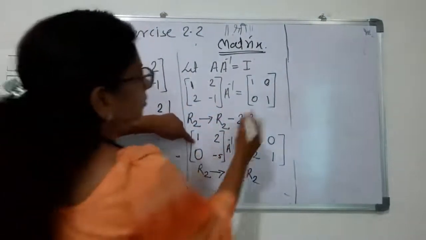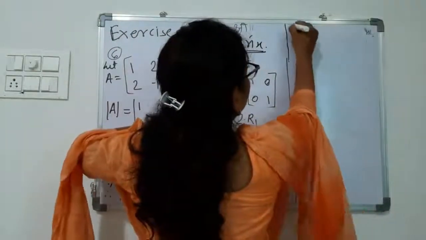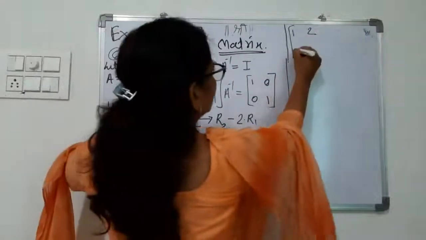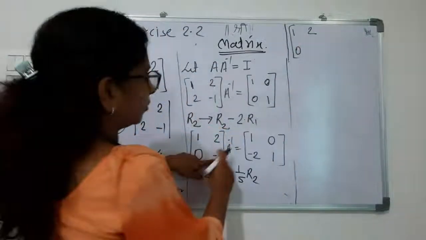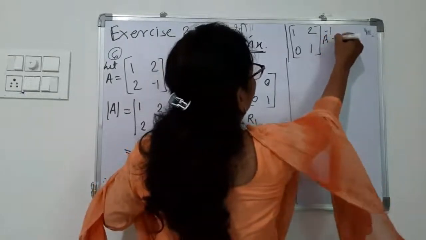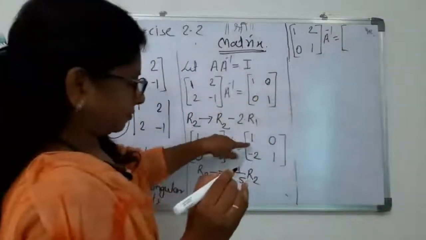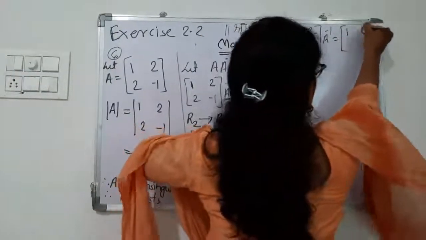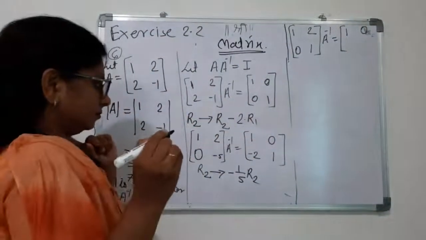No change on R1, so 1, 2 as it is. Then 0 divided by anything is 0. Minus 5 for 1 only we are doing this, so 1. A inverse. Apply on the second matrix, means on the right hand side the same transformation. No change on R1, so write down as it is.